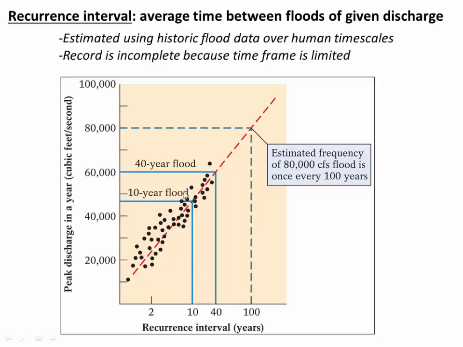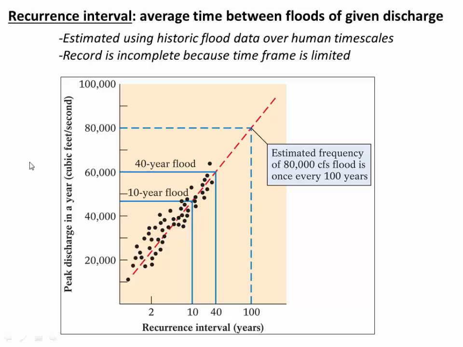So that's the 10-year flood. Now, a bit bigger flood, like 60,000 cubic feet per second, on average, that would occur every 40 years. So obviously the relationship here is the bigger the flood event, the more rare it is.